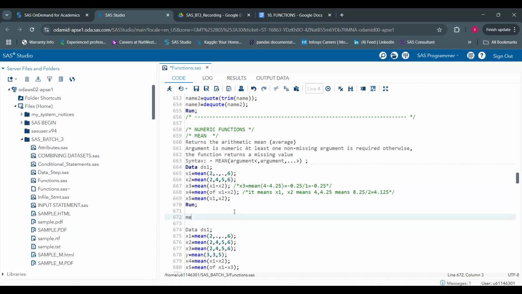It will give you the mean of x1 to x2, which will be 4 plus 4.25 divided by 2. That will be the mean. Got it, ma'am? And this one, the mean of x1 comma x2, is the same, 4 comma 4.25.